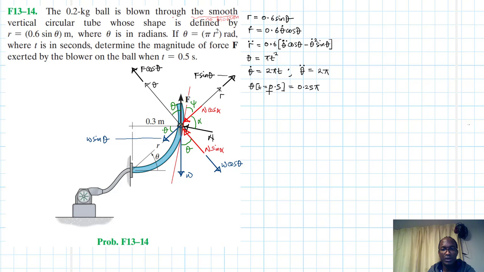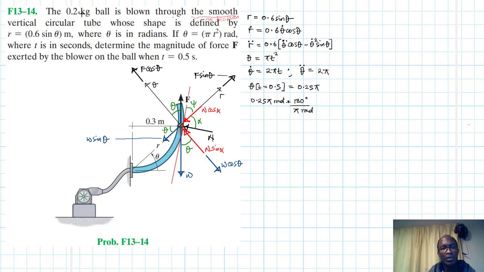Let's convert this to degrees: 0.25 pi rad times 180 degrees divided by pi radians.